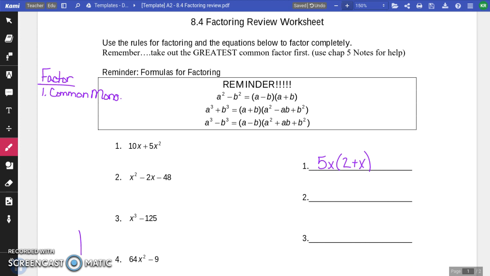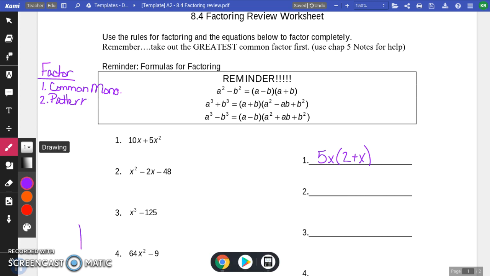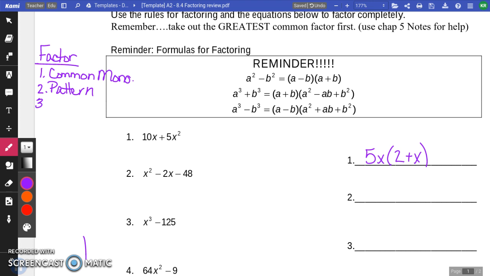Okay, number 2, there's no common monomial factor, so we don't need to do step 1. So second step is, is it a pattern that we recognize? If so, we're going to apply that pattern. If not, we're going to go to the next step. Okay, so this is not one of the patterns. So then the next thing is, is it 3 terms or is it 4 terms?